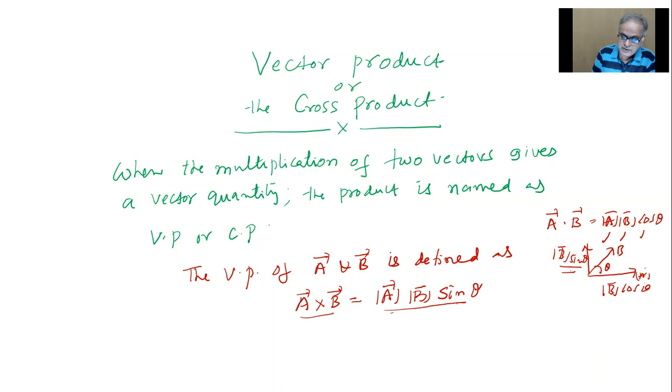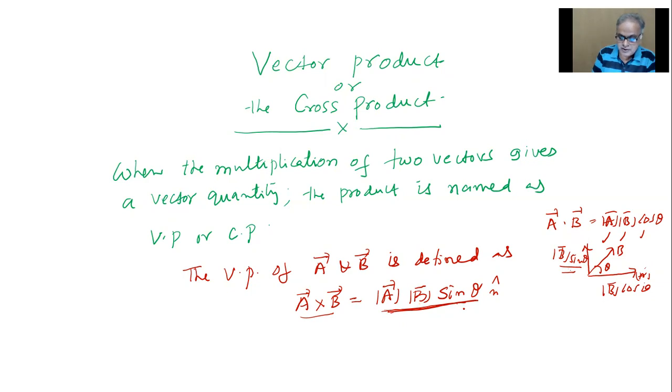We would multiply this with a unit vector, so that the right hand side is a vector, left hand side is a vector. This being only the magnitude of such vector product. So by multiplying with a unit vector n cap, whose direction I'll be telling you immediately, this writing will be meaningful. Nobody could have written A cross B equals mod A mod B sine theta.